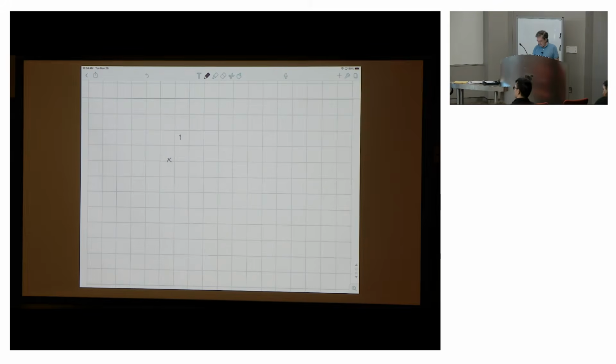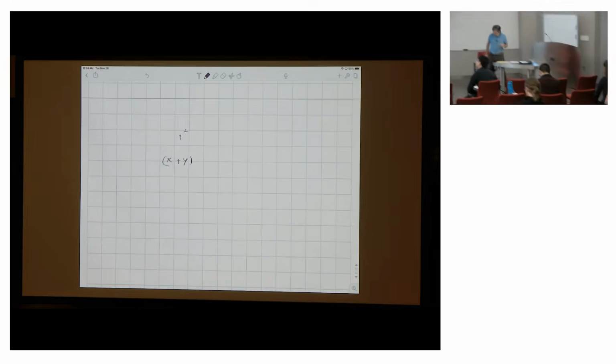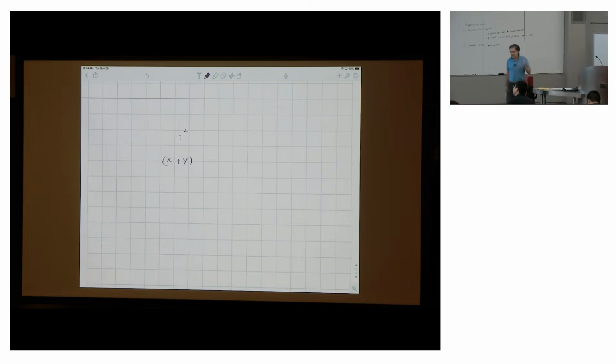Say, I can do the square. I have x plus y. I want to get x square. So if I have univariate, I can do x square. I can get y square. How do I get x times y?